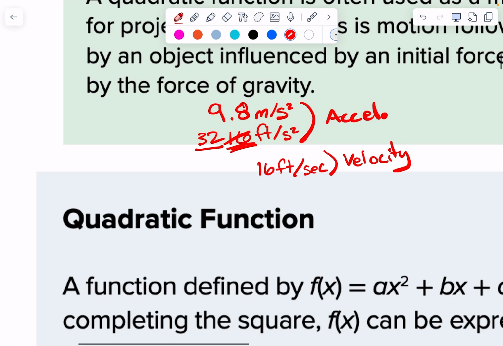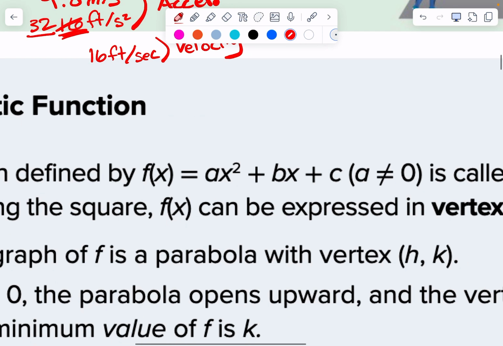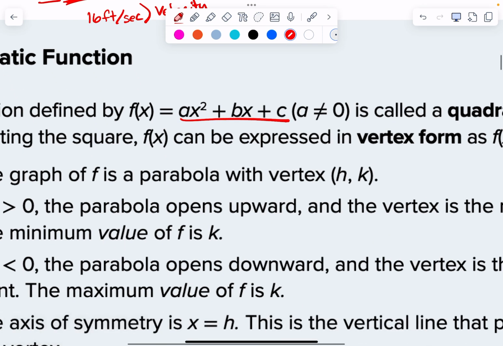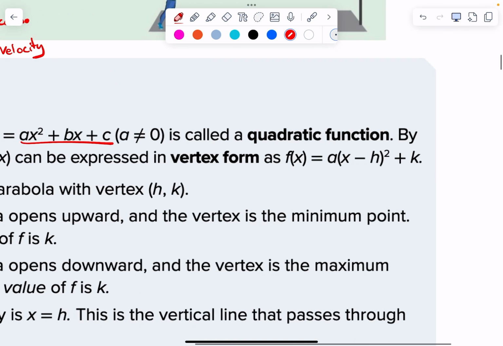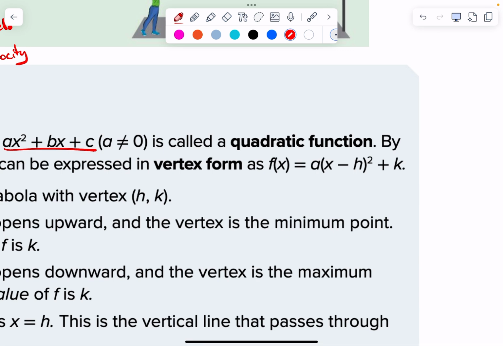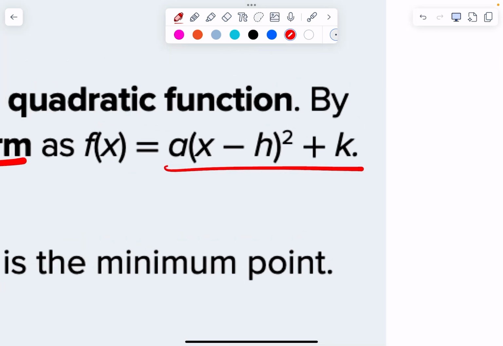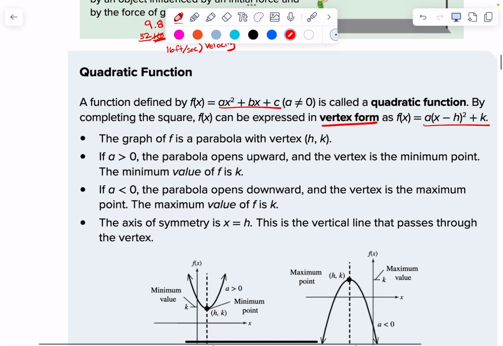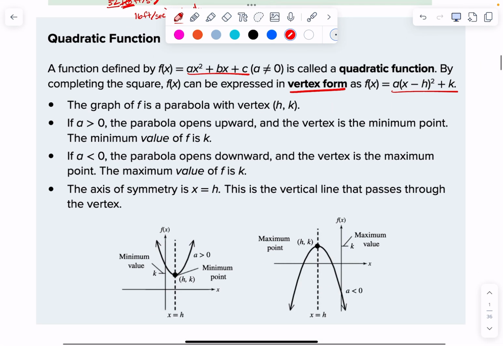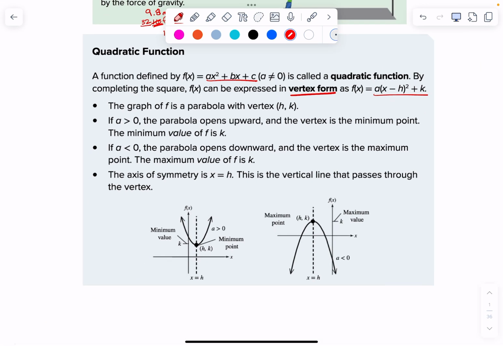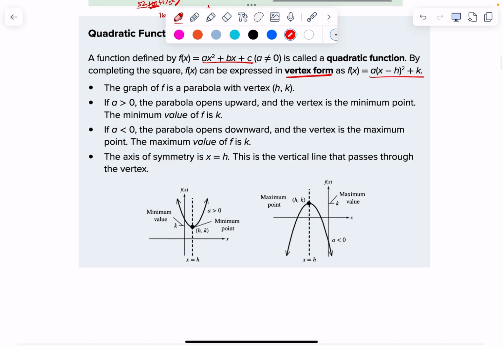Okay, got it. All right, quadratic functions, we just said ax squared plus bx plus c. You can also write a quadratic function in what's called vertex form, which looks like this. And then we also have another form, what do they call it?